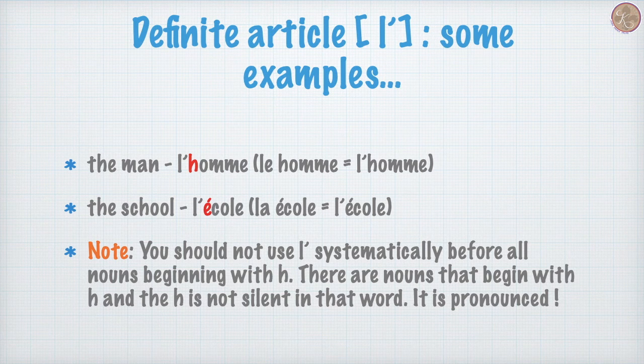You should use either le or la, depending on the gender of that singular noun. Le and la both become L apostrophe only when the spelling of a singular noun begins with H and that H is silent, as we saw in the first example. Okay, I hope it's clear.